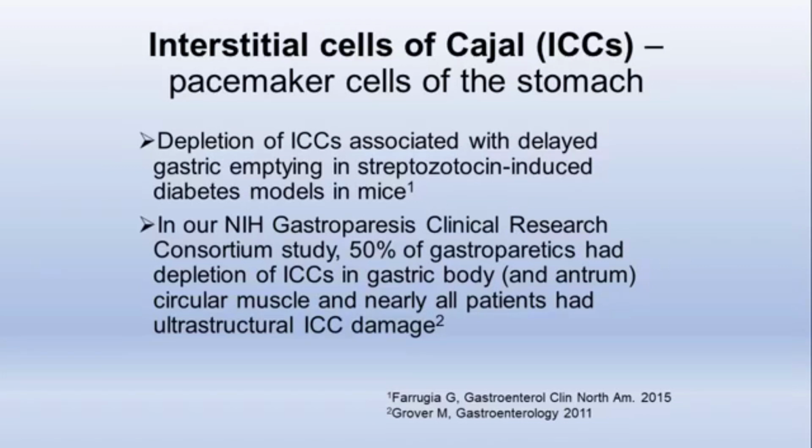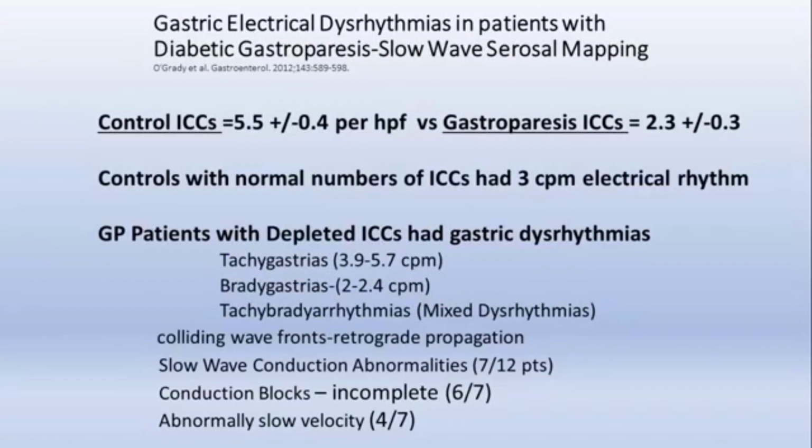So we think that one of the key problems are these pacemaker cells, and once you lose the pacemaker cells, then you begin to develop dysrhythmias, gastric electrical dysrhythmias. That's now been shown by several centers that when you look at tissue from healthy subjects, they're going to have 5.5 ICCs per high power field, but the gastroparetic patients average about 2.3.